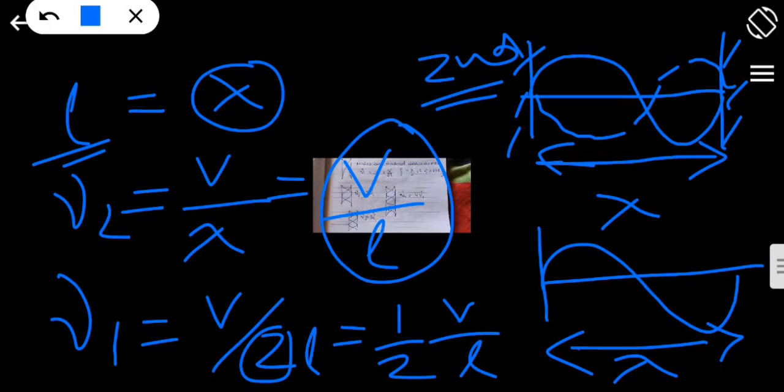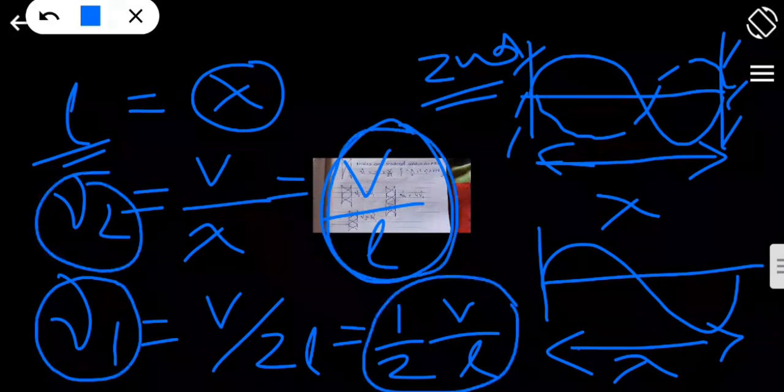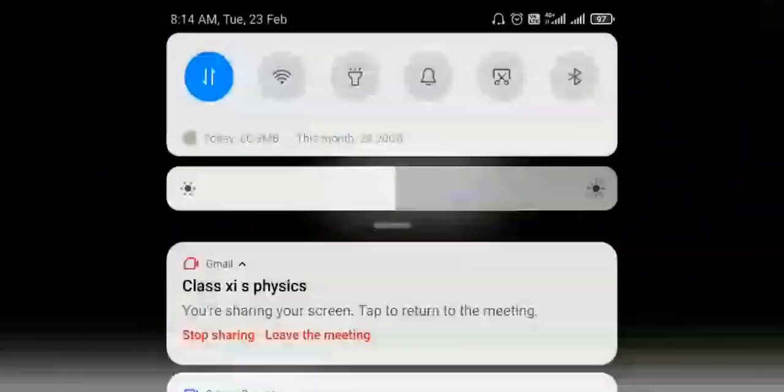If nu1 is half V by L and nu2 is full V by L, then what is the relation? Half doubled is a full. Always remember, half into 2 is a full, or half plus half is a full one, right?